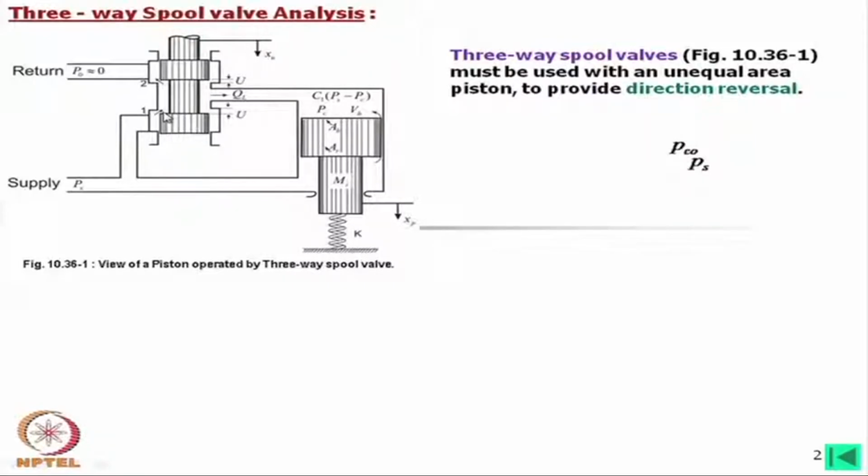Now, let us consider if we keep it open, then in that case what will happen, the flow is going like this and the flow is also coming in this way. And if you think of the regenerative principle, you will find that this will move in these directions, and as well as some flow is going out. This is for the control purpose. This is the servo valve, it always happens.